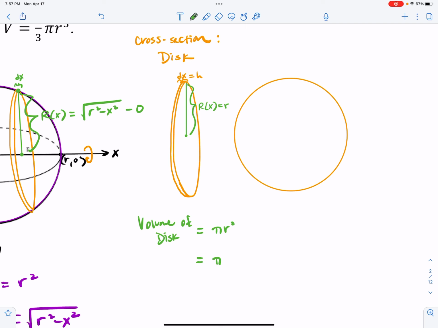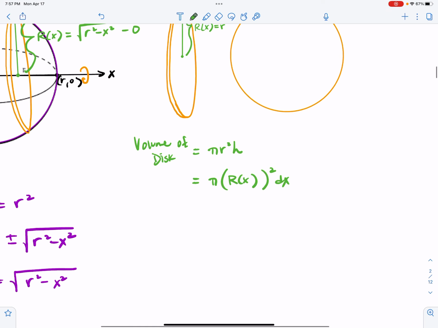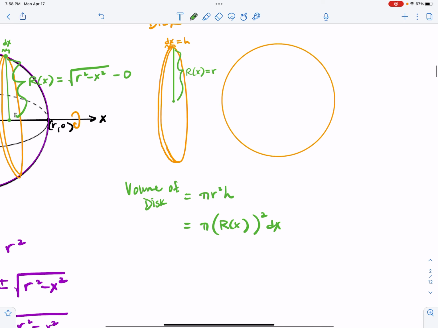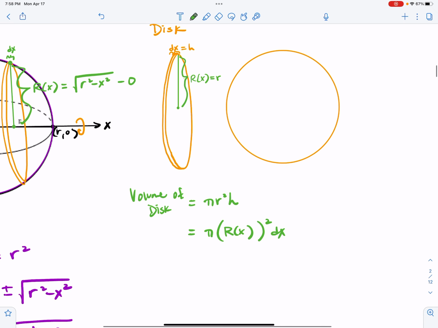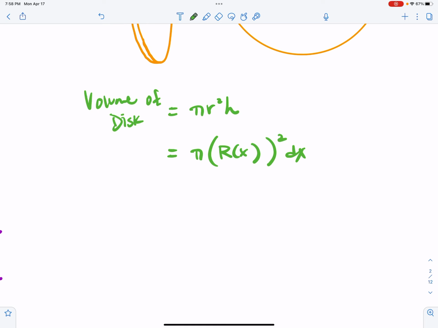I'll leave that as h, and then I'll just rewrite the formula. So in this case, we can replace little r with r of x and square that. And now let's replace h with dx. Okay, so that represents the volume of one slice, of one cross section, one infinitely skinny slice.